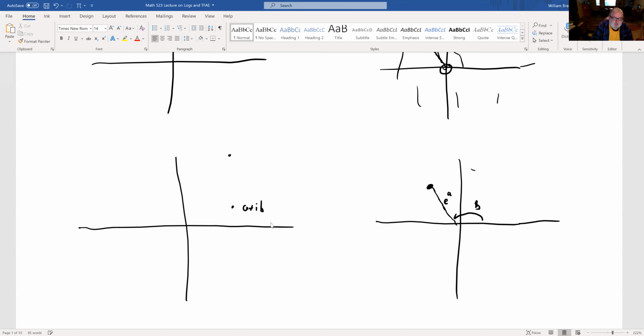But if I go vertically upwards to a plus ib plus 2 pi, I get another point that's mapped there. And if I go down a plus i, b minus 2 pi, I get another point that's mapped to this.